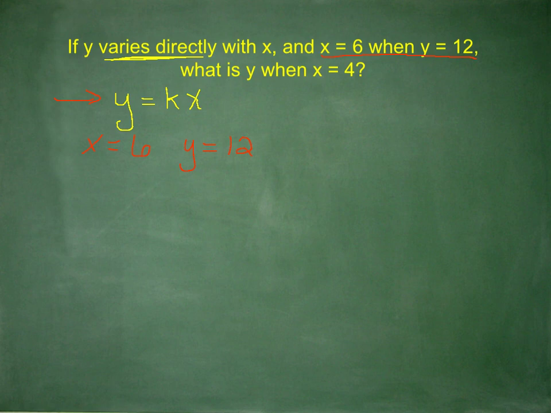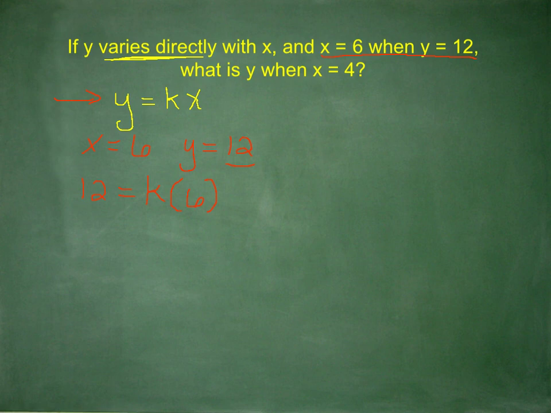Here it says y equals kx. Instead of y, we replace it with a 12. So 12 equals, now I don't know what k is, so I'm going to keep the k, times x, which is 6. So I know 12 equals k times 6.